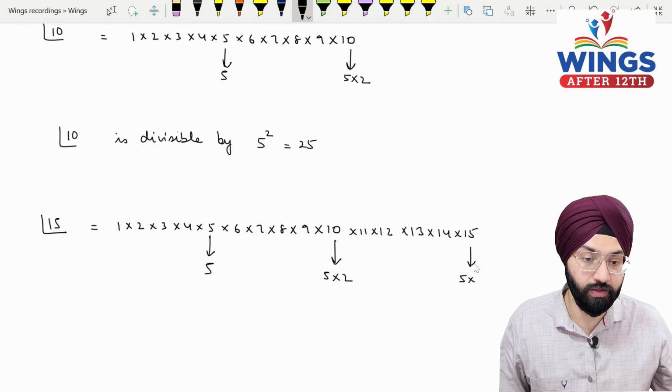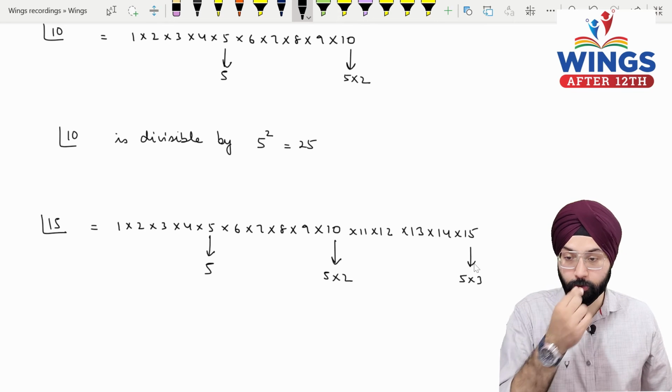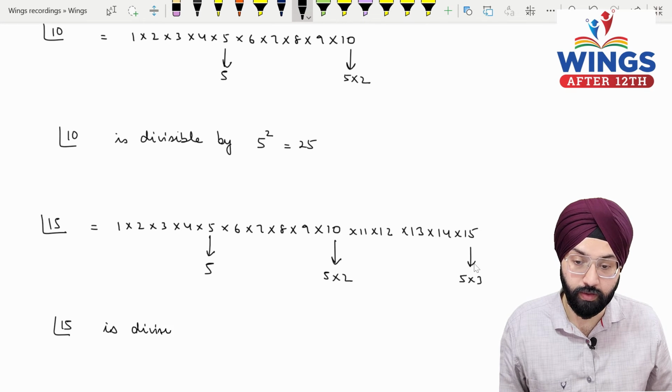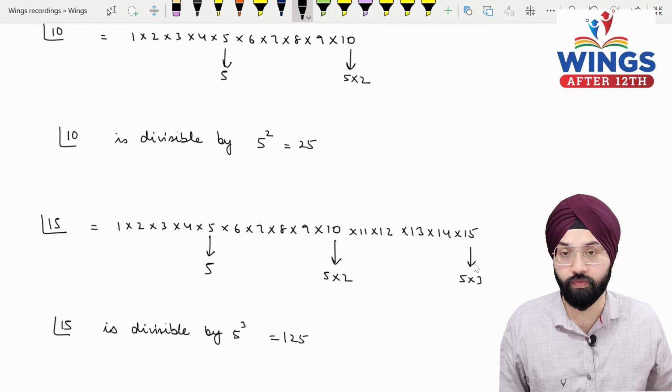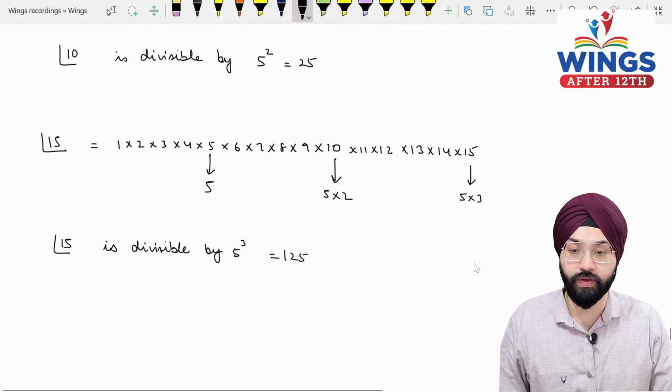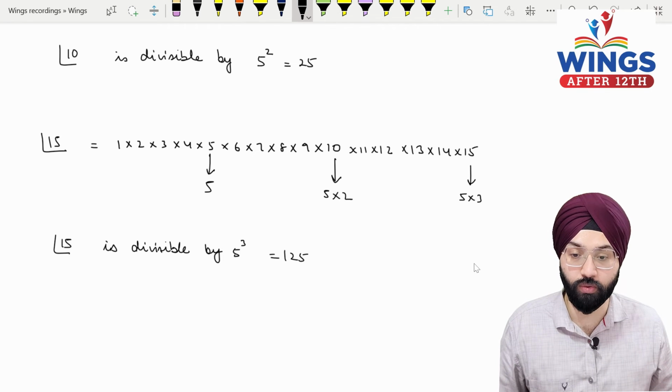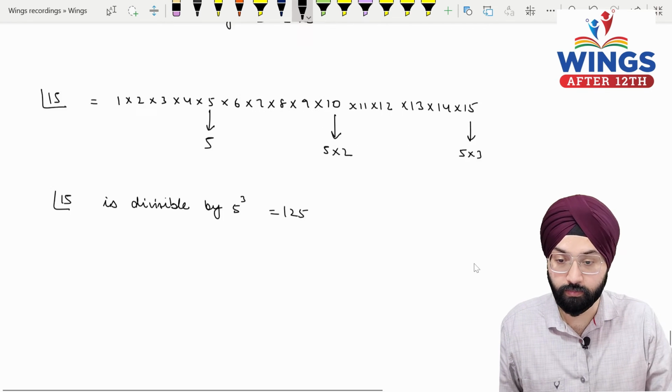In 15 we have another 5, that is 5 into 3. So altogether in 15 factorial there are three 5s, right? So we can say 15 factorial is divisible by 5 cube or 125. In other words, the highest power of 5 that can divide 15 factorial is 3, right?